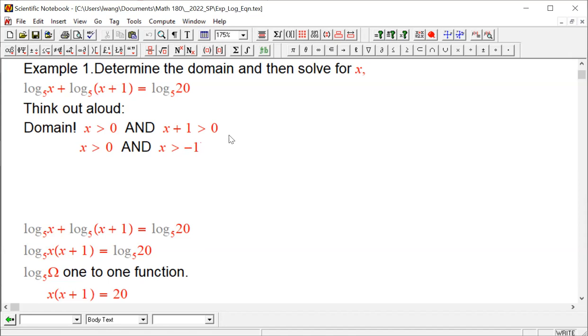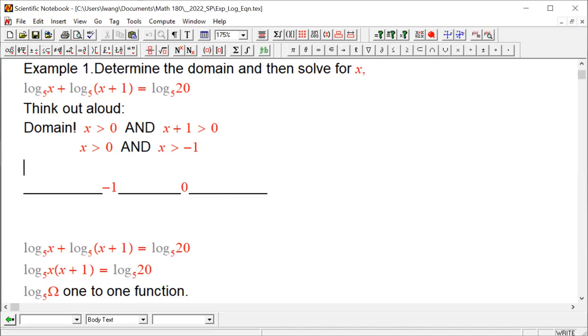To figure out this combination, we just have to look at the number line. We have 0 on the number line, and we have -1 on the number line. So let's put this as -1 and over here as 0.